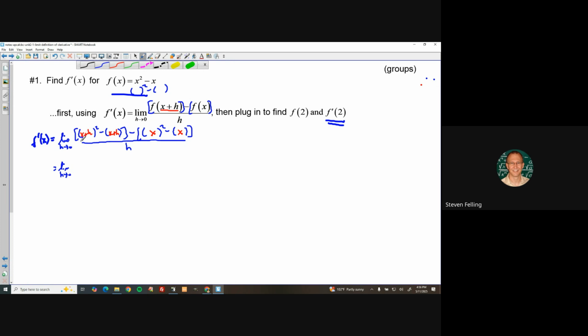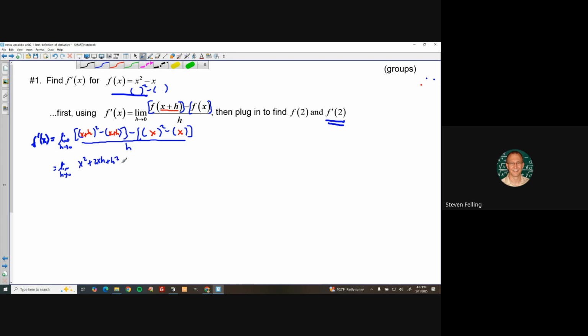If I were to try to plug this 0 in here, I would have a divide by 0 situation, which could be undefined, but it might be that we can factor and cancel that h, plug in, and find that it's not actually undefined. So we should try to simplify the top to see if we can factor an h out. If we do FOIL here, that would be x squared plus 2xh plus h squared.